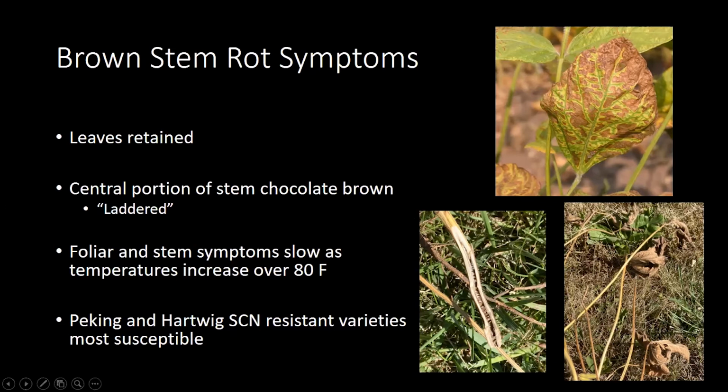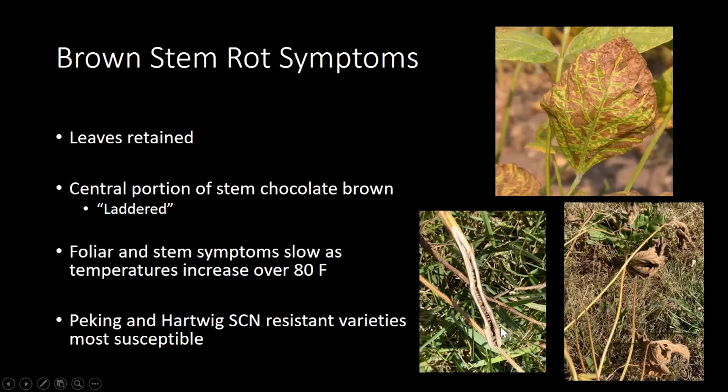That's really what's important. Now, when you're going out and looking at these plants, again, interveinal necrosis, pull those plants out, split those stems, and here's an example of a stem I split. What you can see with brown stem rot is that the lower stem will have a chocolate brown appearance that often has what I call laddering. See how that looks like a ladder you're climbing up? That's indicative of brown stem rot.